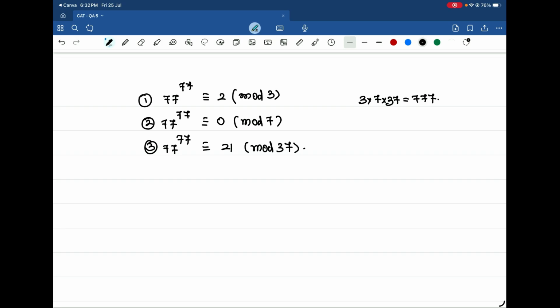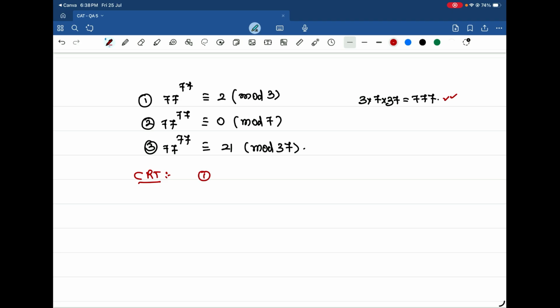So we can get the remainder when we use the Chinese Remainder Theorem, CRT. We can apply that and get the answer with mod 777. Now let us see. To apply CRT, what we have to find out is that whatever 777 is in the denominator, that should be divided by each factor.